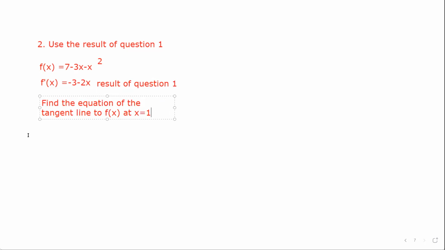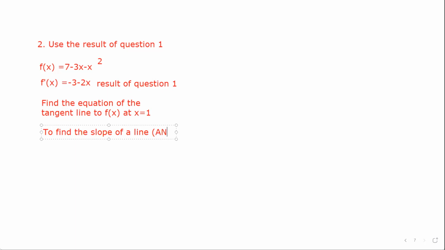Whenever you want to find the equation of any line, a tangent line, a secant line, whatever it is, you need 2 things. You need a point on the line and you need the slope. That's just an algebraic idea.